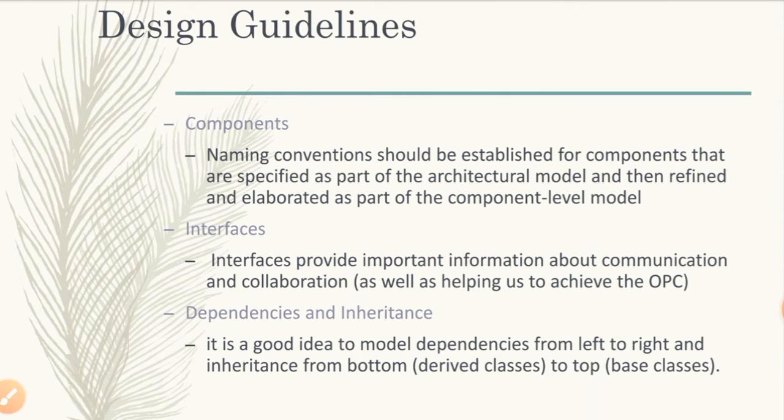A naming convention should be established for components that are specified as part of the architectural model and then refined and elaborated as a part of the component level model.